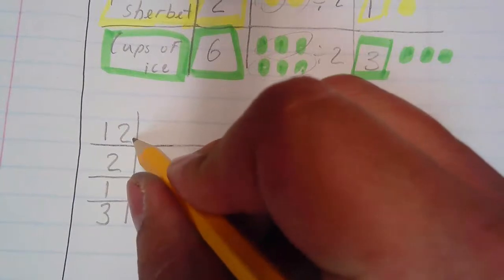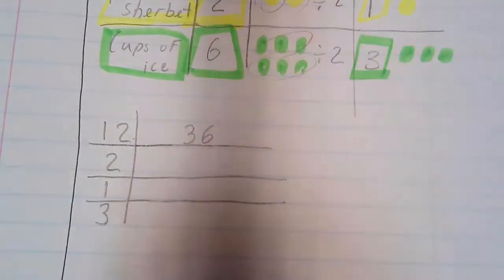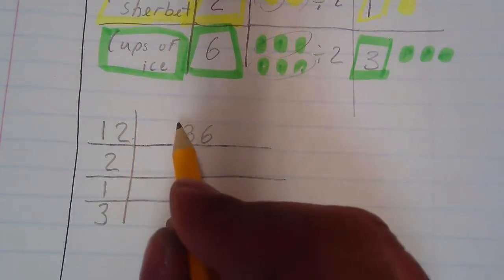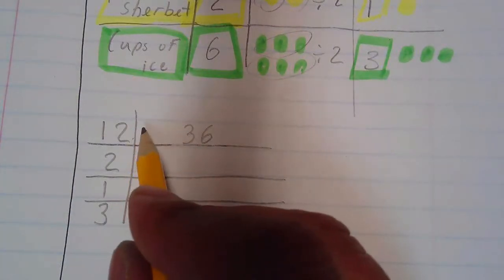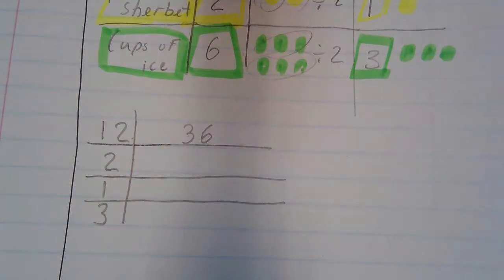Instead of 12 people, we want 36. Again, this time we are scaling up. So what's going to happen is we're going to multiply. Right?